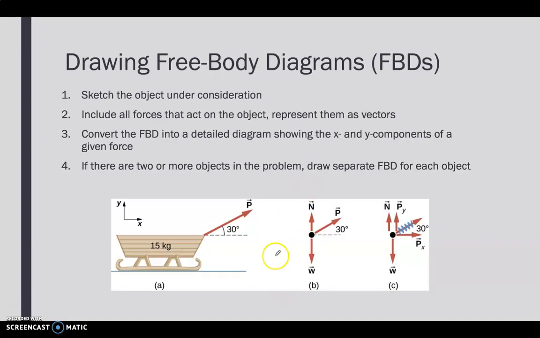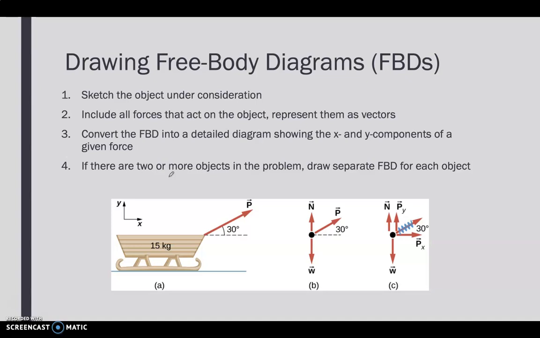All right. Here is a bit more on drawing free body diagrams that I mentioned before. We want to first sketch the object that's under consideration. Then we want to include all forces that act on the object and represent them as vectors. Then convert that into a detailed diagram that shows the x and y components of the given forces.